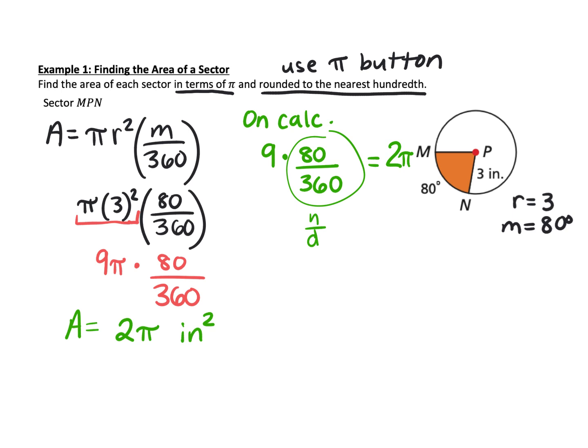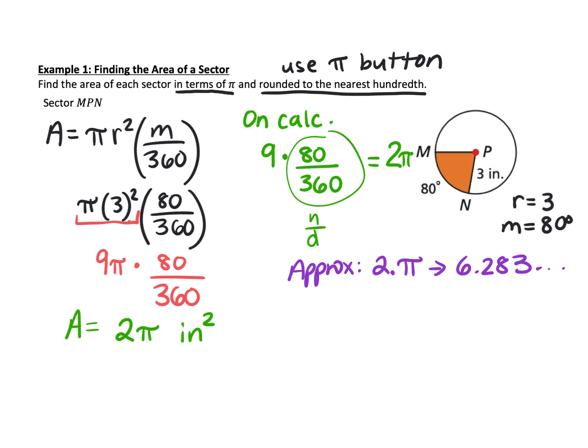For the approximate value, that's where you can, again, grab your calculator, approximate value 2 pi. You might need to put a decimal point there to force your calculator to give you the decimal. And when you do that, we'll have 2 pi is equal to 6.283, and then it keeps going.